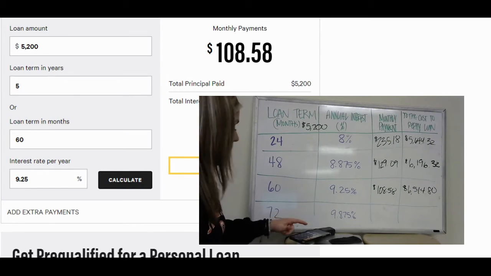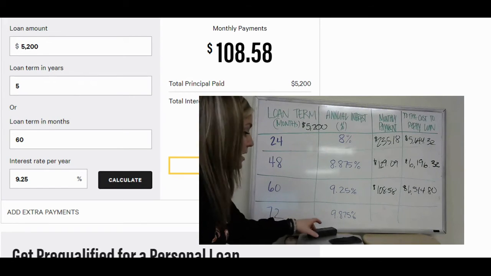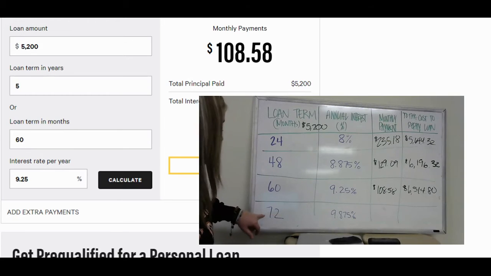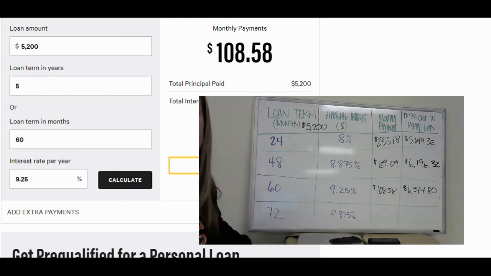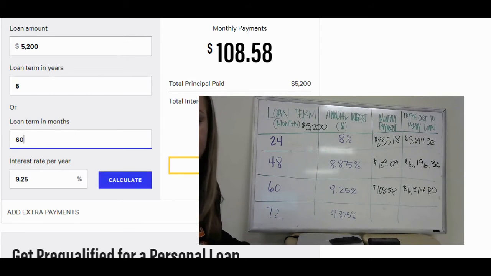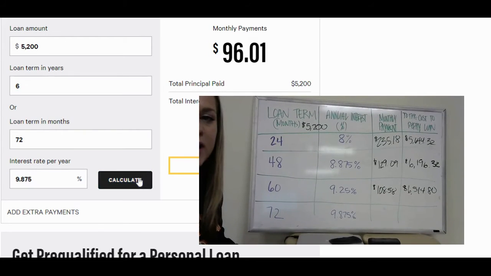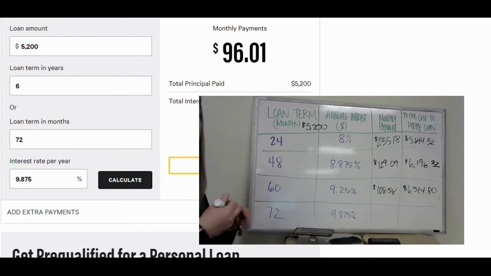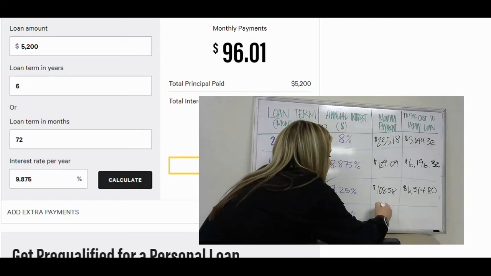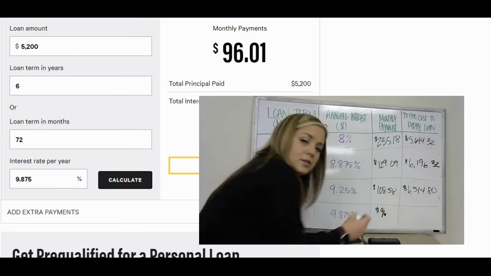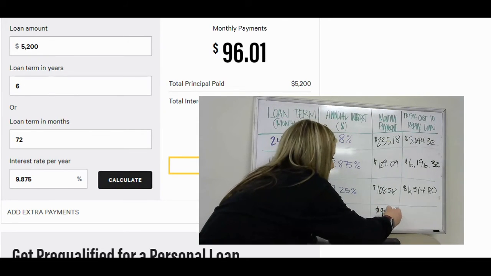All right, our last one, guys, and this is our last example, and then you're doing it on your own. So we have 72 months. We're going to borrow it for 72 months. And the interest is going to go up because you're taking longer to pay it back. 9.875. We're going to calculate it. Ooh, now we have $96.01.